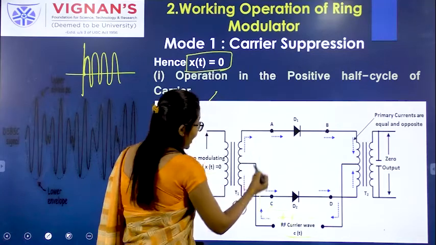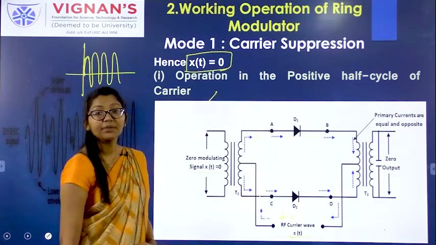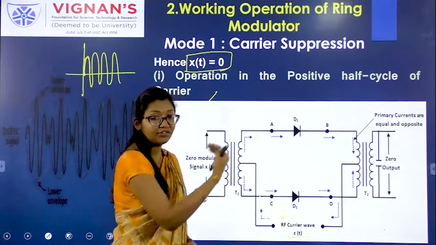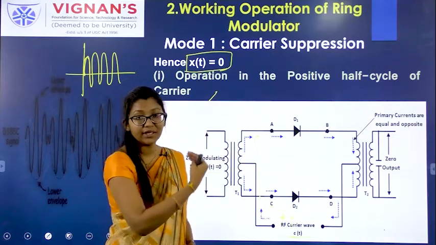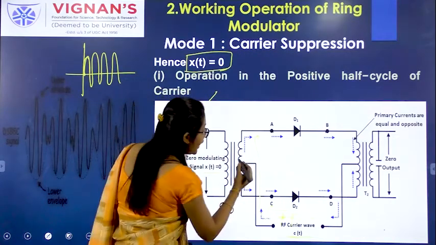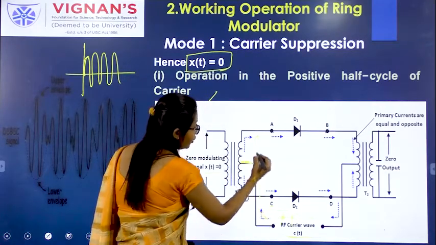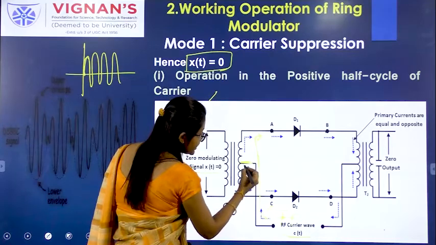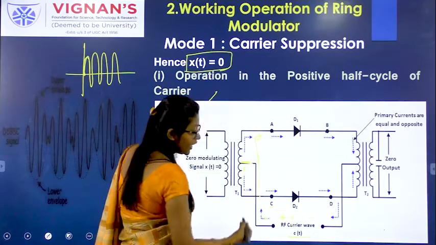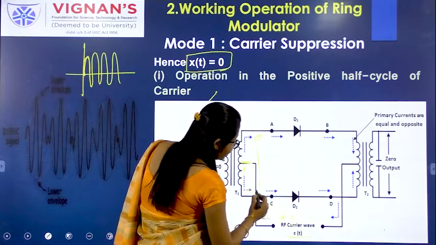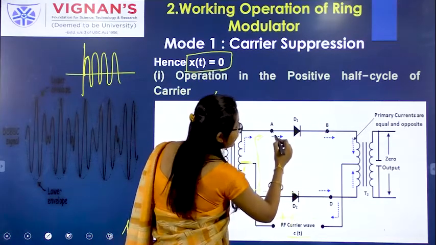As we are using a center tap transformer here, the direction will be changed because there will be a 180 degrees phase reversal at the center tap transformer. So the current flow will go like this, but here at the center tap the direction will be changed. So see here, it will go from this like this.